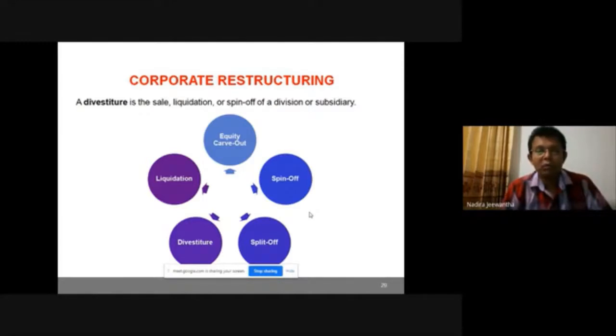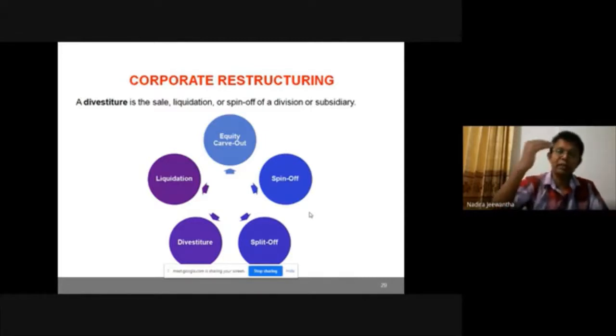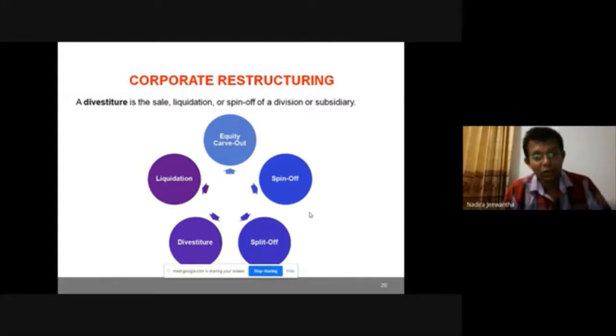You should have more sales, and you should bring down the cost of sales. So you can recruit new management, recruit new people, increase the sales and bring down the unnecessary cost. Then you start to make profit.